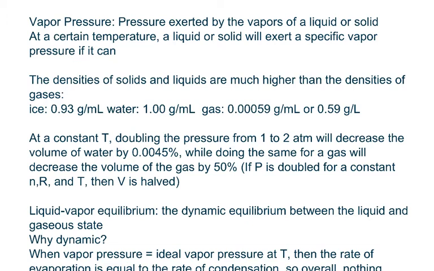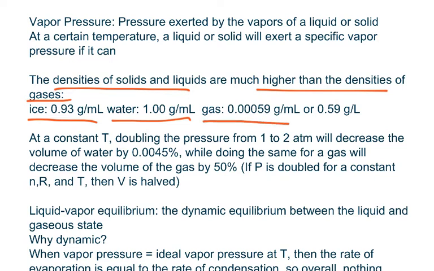Generally, the densities of solids and liquids are much higher than the densities of gases. For example, the density of ice is 0.93 grams per milliliter, the density of water is 1 gram per milliliter, and the density for a gas is approximately around 0.00059 grams per milliliter.